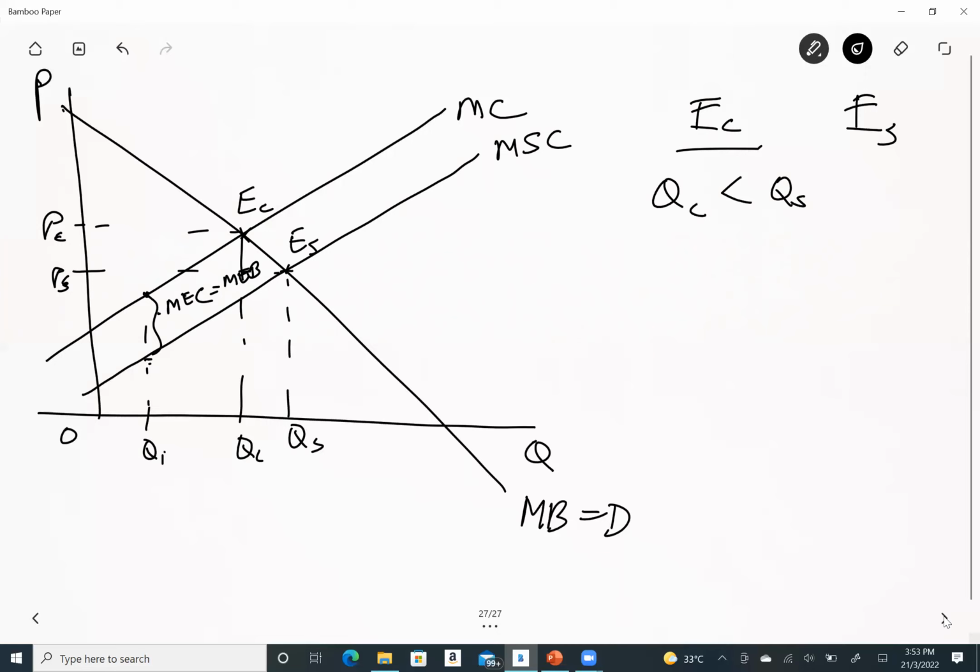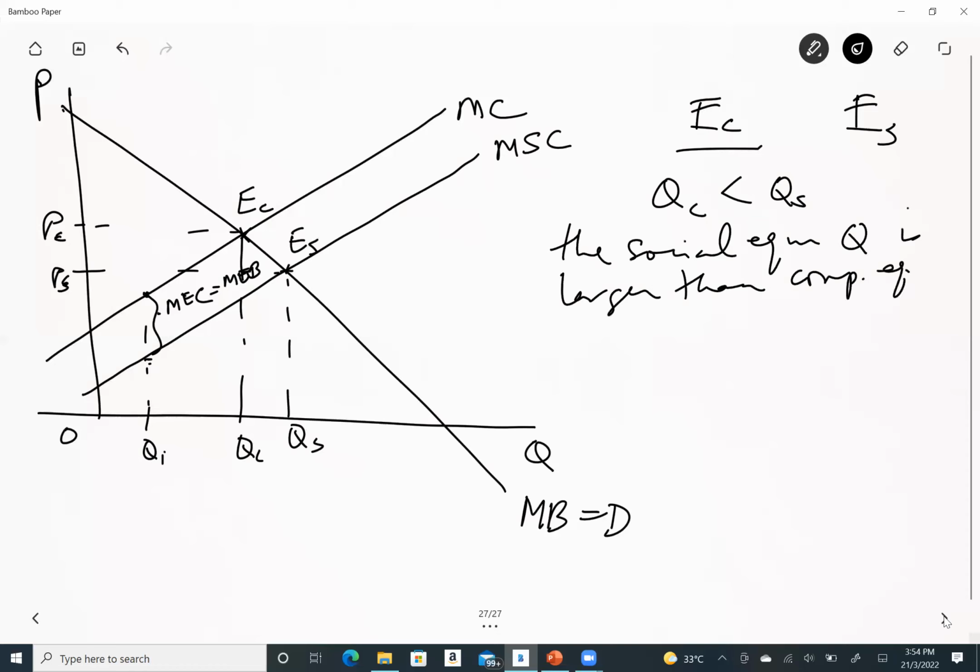All right. So what does it mean? It means that the social equilibrium output level is larger than or higher than the competitive equilibrium Q. Okay, QS bigger than QC.